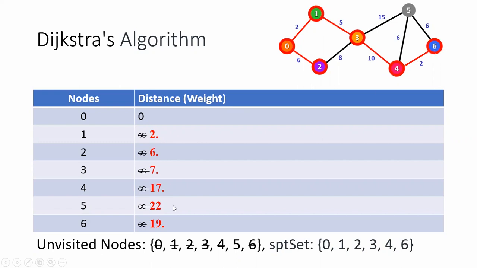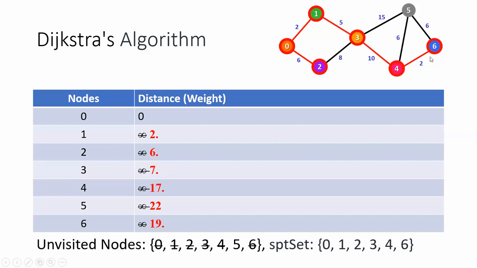We choose this one because if we compare 5 and 6 from the source here, the distance for 5 is 5 plus 2, 7, plus 10, 17, then plus 6 is 23, right? But if we come over here, it is 19.